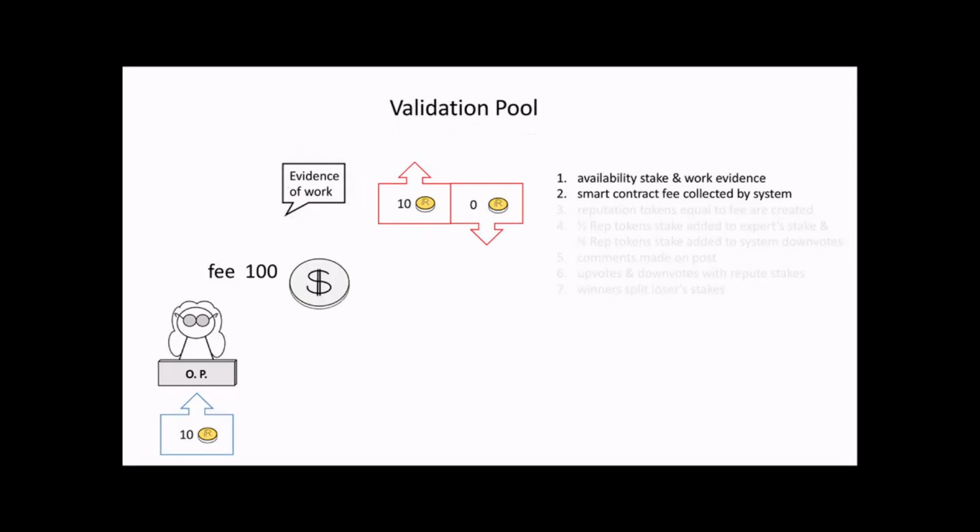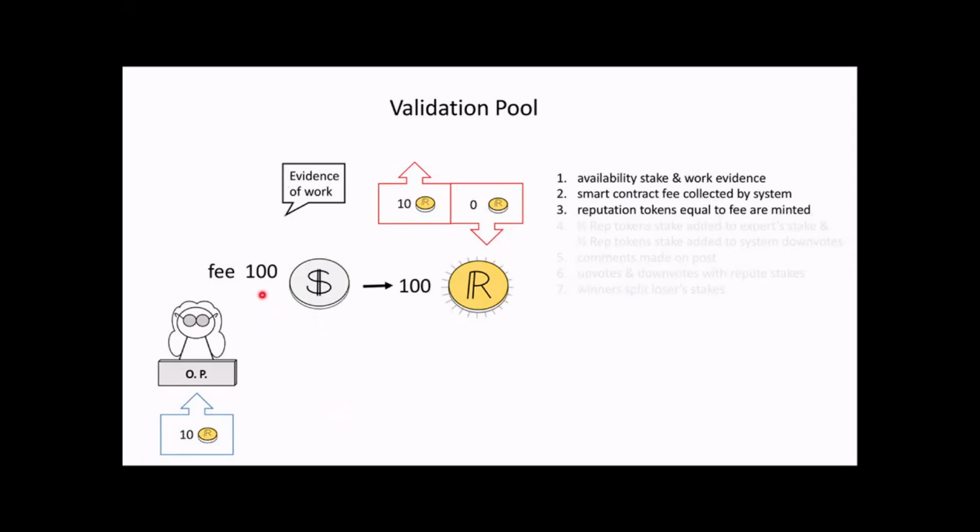The next stage of the validation pool is that it takes the fee that was collected by the customers in the business smart contract, and it mints brand new reputation tokens that didn't exist before, in proportion to how much the fee cost.